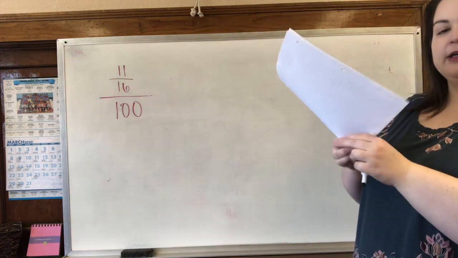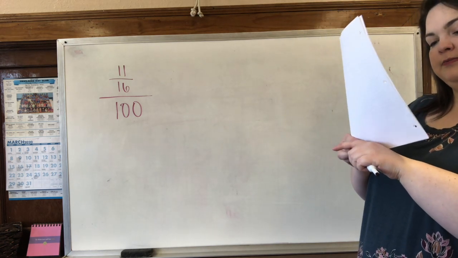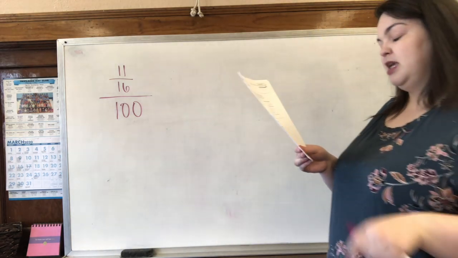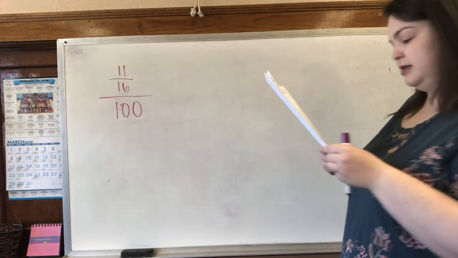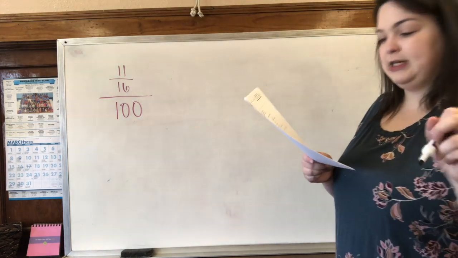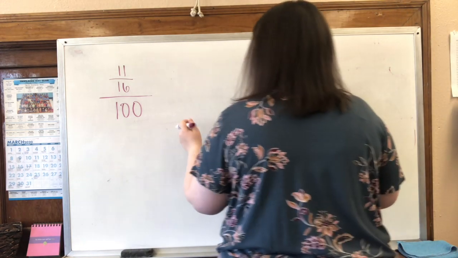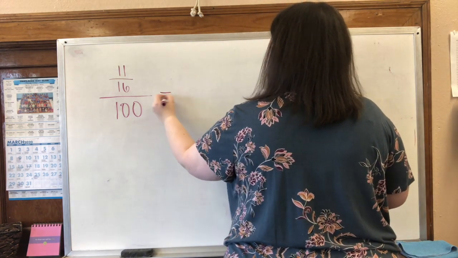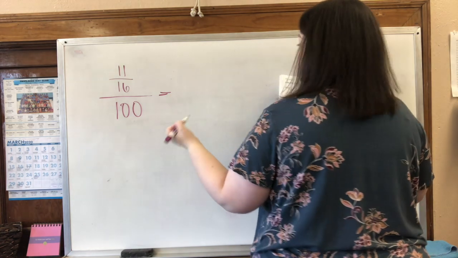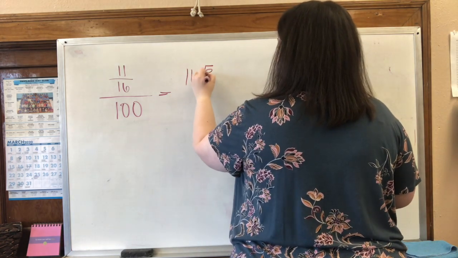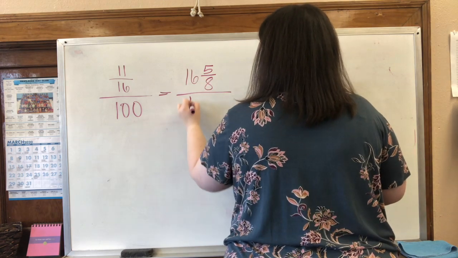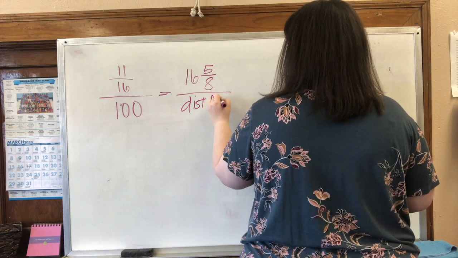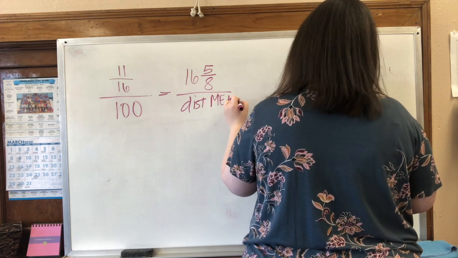We are trying to find the distance between Portland, Maine, and Portland, Oregon. It says the distance on the map is 16 5/8 inches. So that equals, you put your equal, and they gave us the distance on the map of 16 5/8 equals your distance, ME to OR.